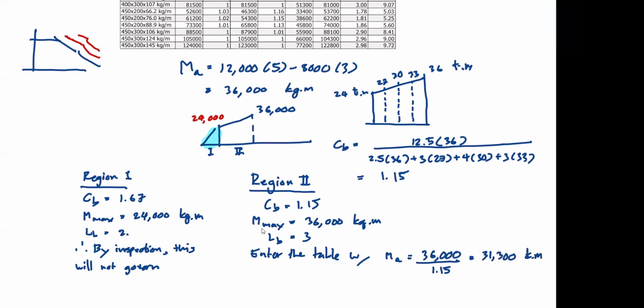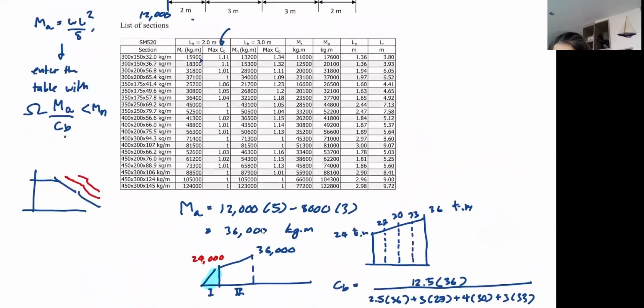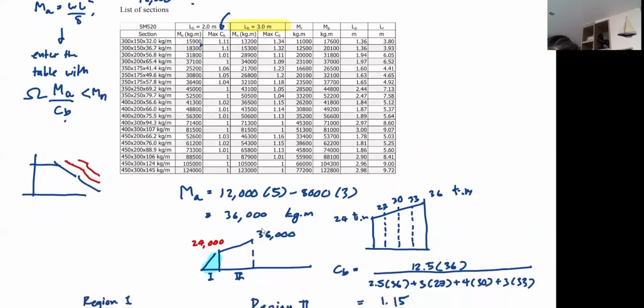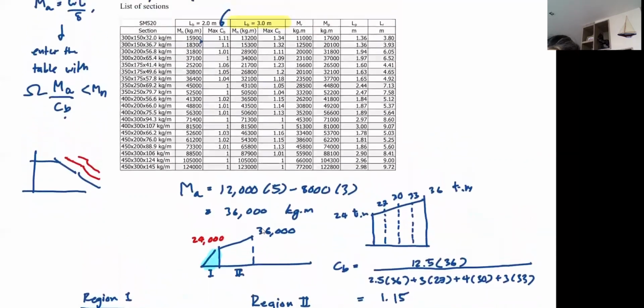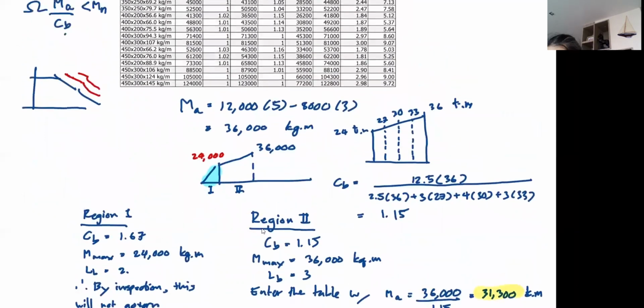Or you can use this value. Okay. So we know this. So unbraced length is 3 meters, which is here. And we are looking for 31 something. Right? That's the number that we are looking for because we got the help from CB.